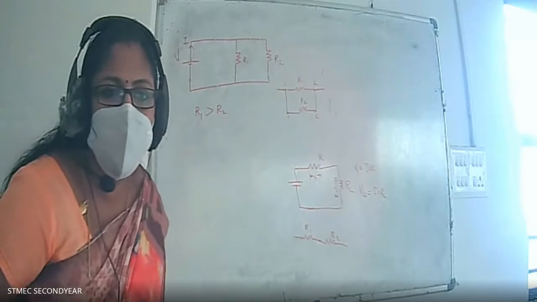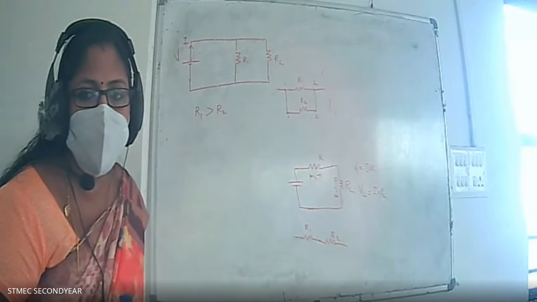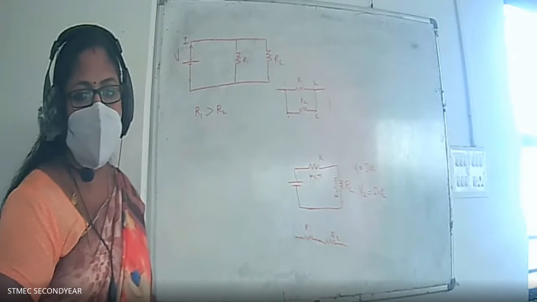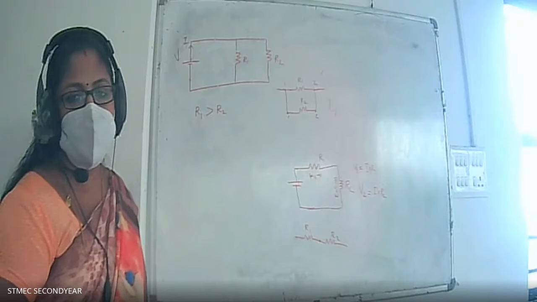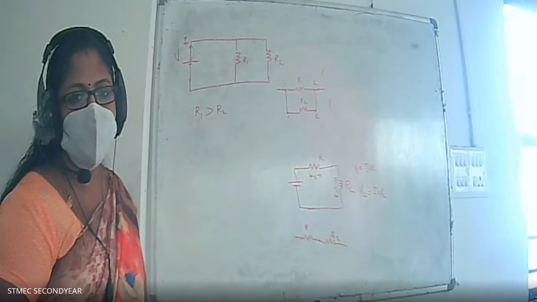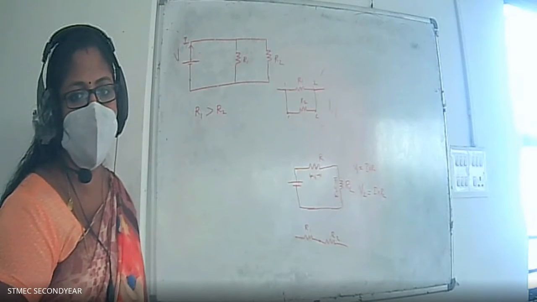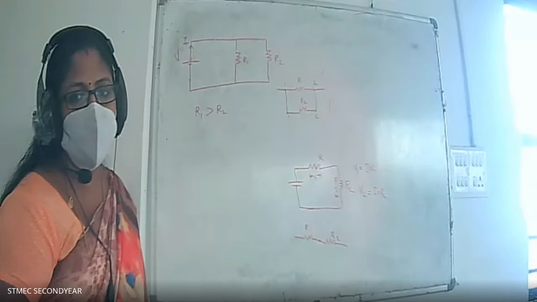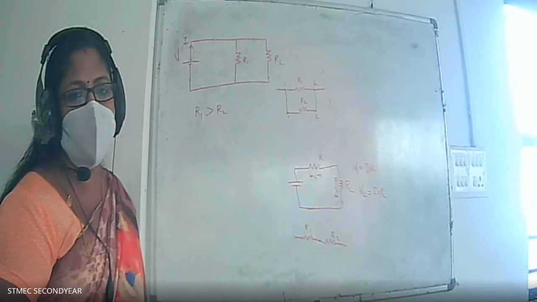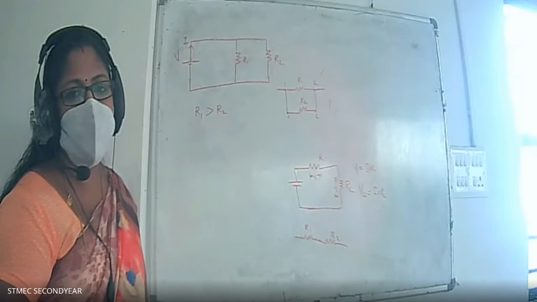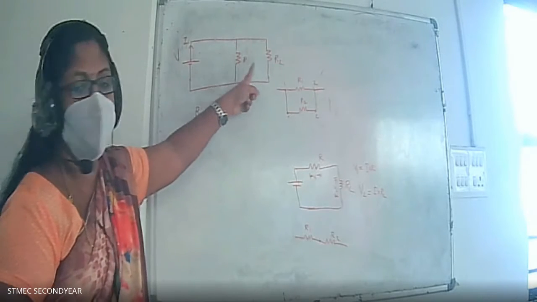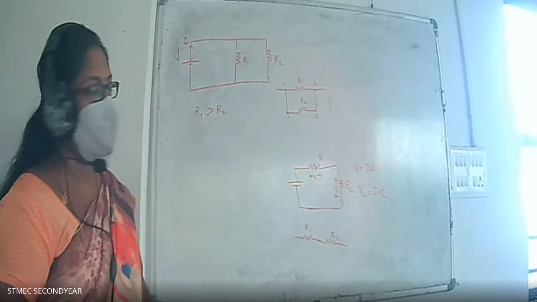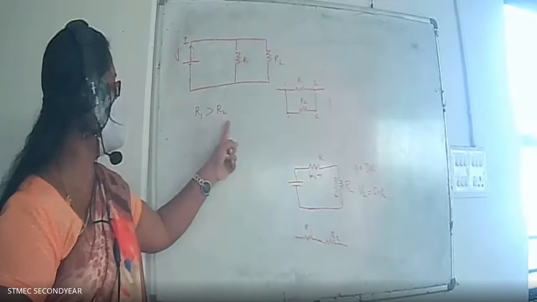Jyotish, can you say? Is Jyotish there? Okay, can you say which path will offer low resistance to current, R1 or R2? I am giving the condition R1 is greater than R2.